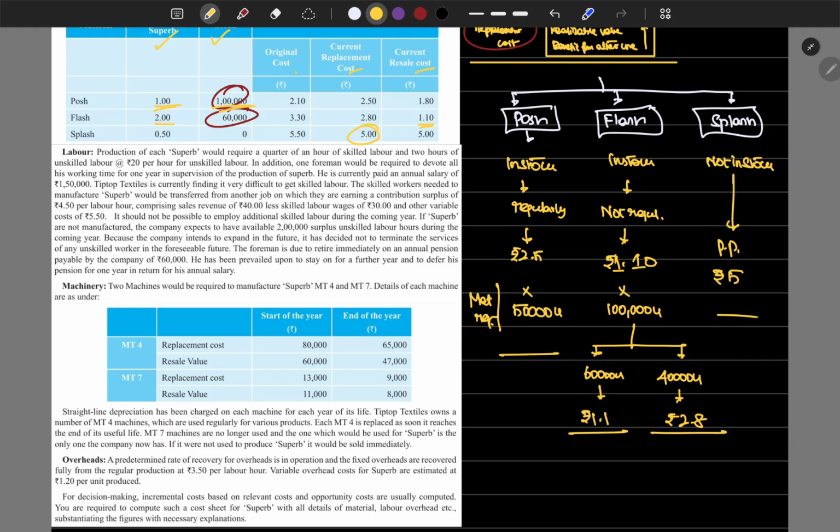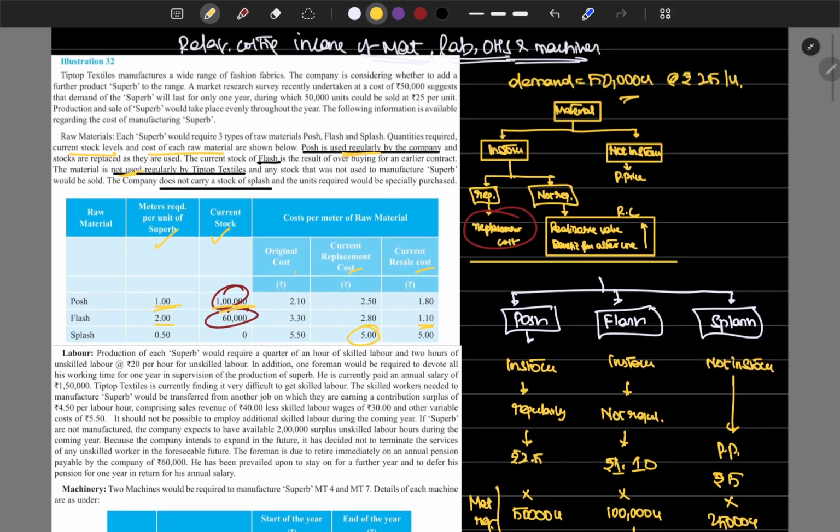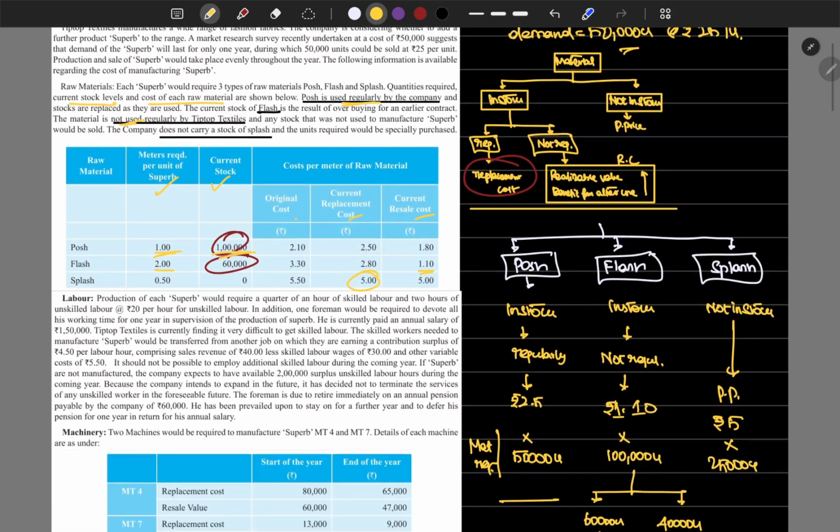This is the relevant cost, and this is the requirement of splash units for superb. 0.5 into 50,000, let me take a calculator. Okay, 25,000 units of splash are required for 50,000 superb units.